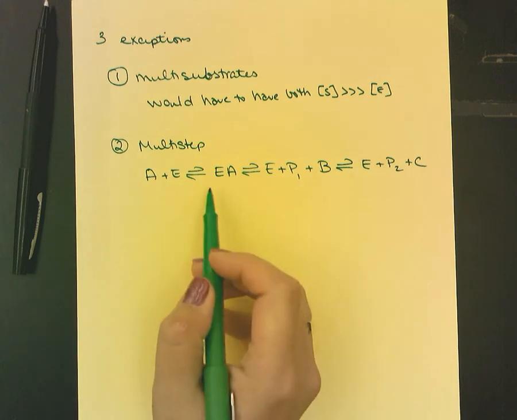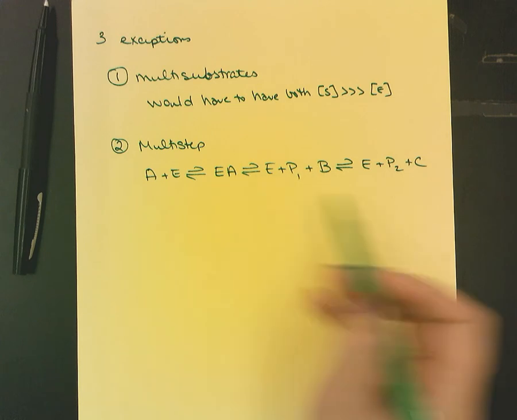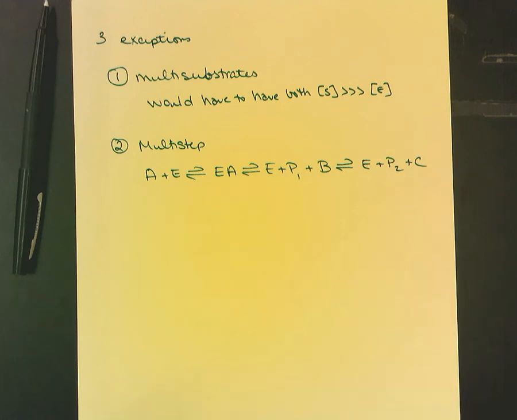So A and E combine together to make one temporary product, but you have to have a second thing come in to make the actual product you want. Some sort of multi-step reaction in that way, where it's not just one substrate, one enzyme. It's multiple substrates with multiple intermediate phases.